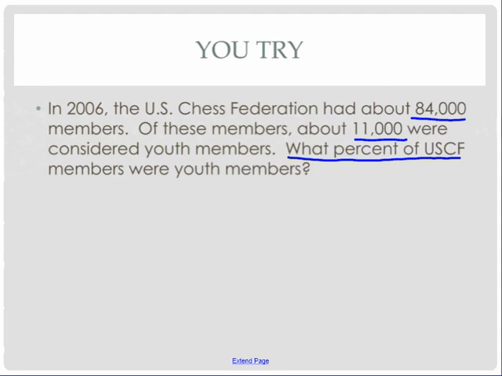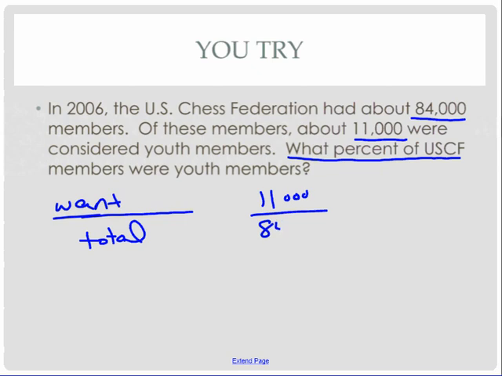Okay. Now, there's a couple ways to think about this. One way is to think back way back at the very beginning when we talked about our Yahoo question of the week about being old, right? We would just take the total, like what we want, divided by the total amount. And that'll work. What we want is the 11,000 youth members, and we'll divide that by the 84,000 people that are in there.